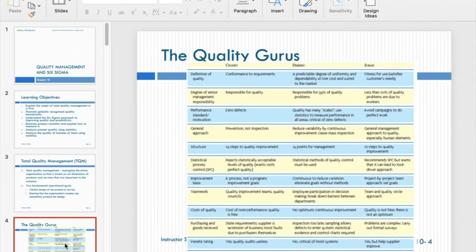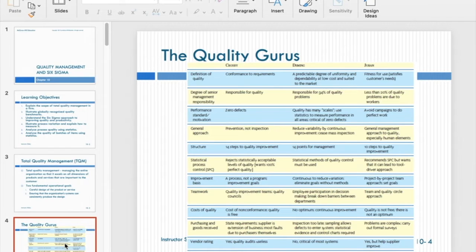Here are three philosophical leaders of the quality movement: Philip Crosby, W. Edwards Deming, and Joseph Juran. They tried to measure quality in different dimensions.